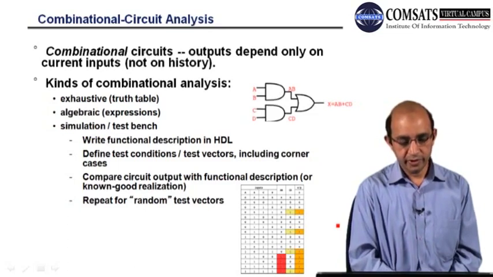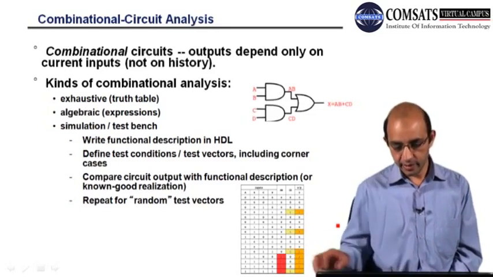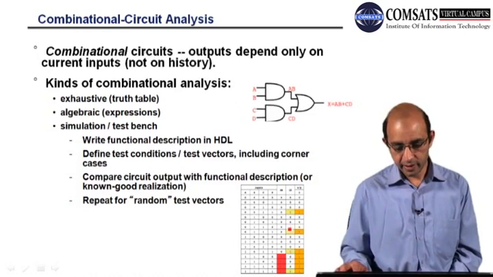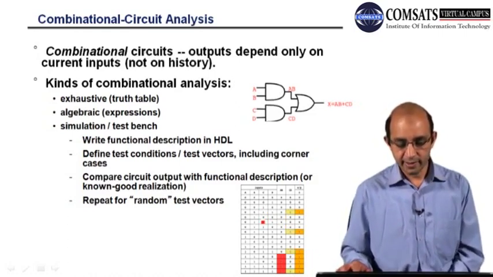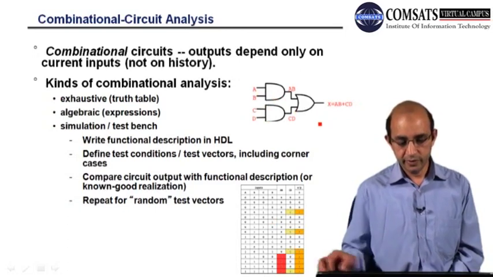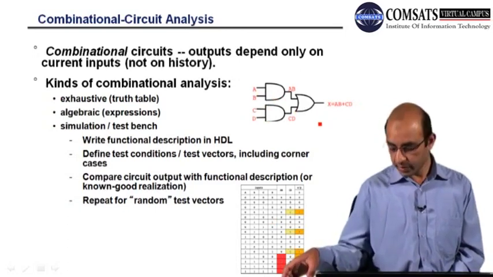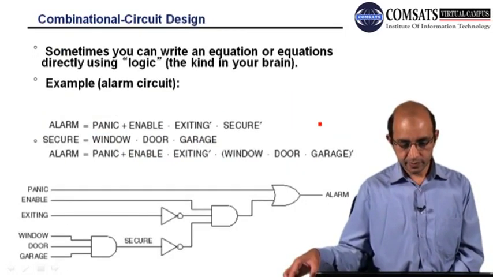We will be focusing on truth table and Boolean expression analysis. So you can see that we have a truth table over here, and we can analyze the circuit with the help of this truth table. Moreover, we also have the Boolean expression over here, and we have the circuitry over here. So you can also have the algebraic analysis.